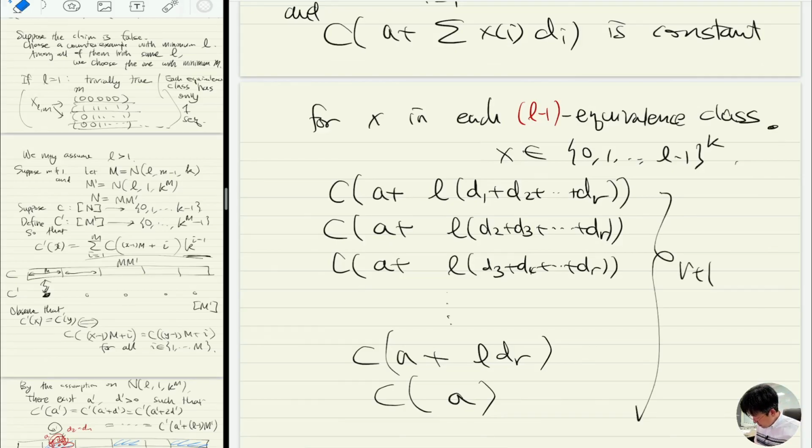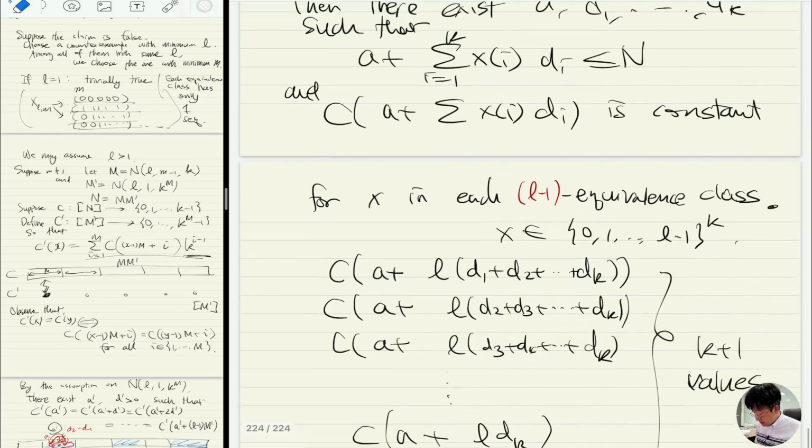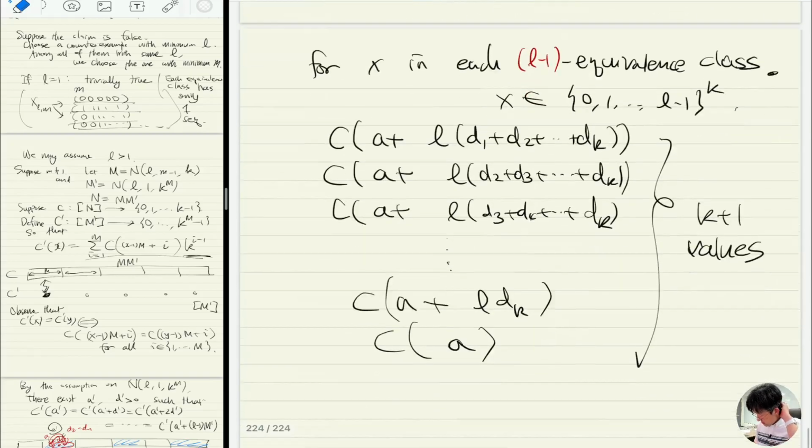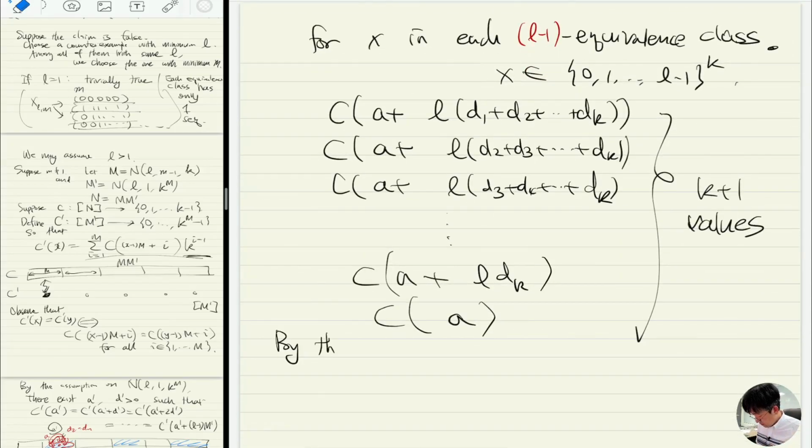I have r plus 1 values. Oh no, what is r? No, it's k. So I have k plus 1 values. But C is a coloring with k colors. So by the pigeonhole principle, two of them are equal.